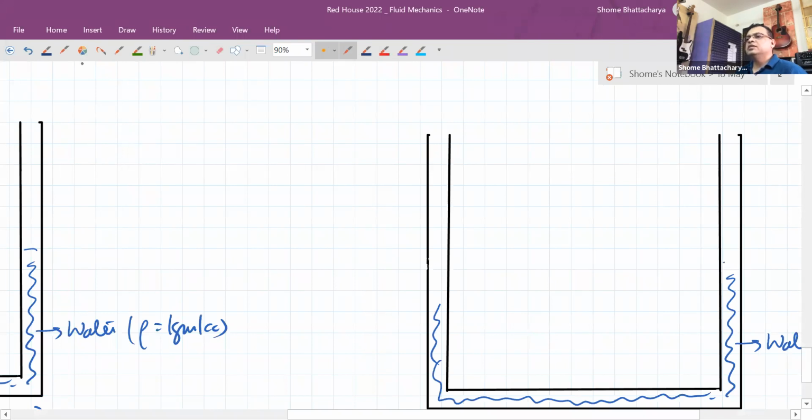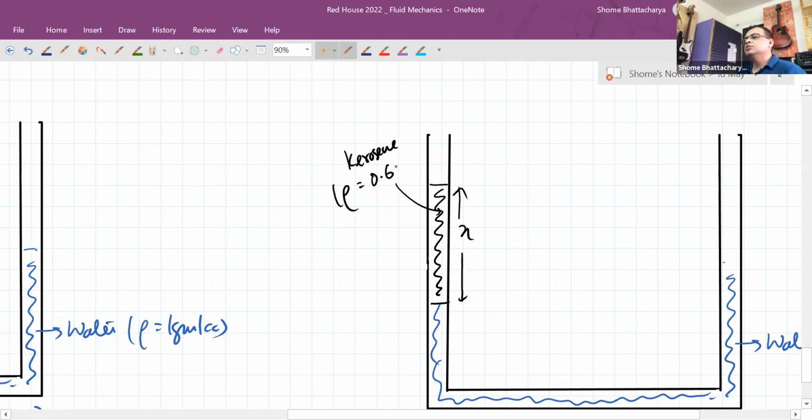From this side, let us say we have poured in another liquid like kerosene, such that the level of kerosene on this side is X. That is an example of an immiscible liquid which is lighter than water.